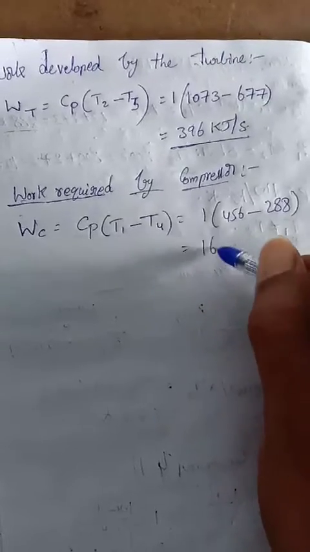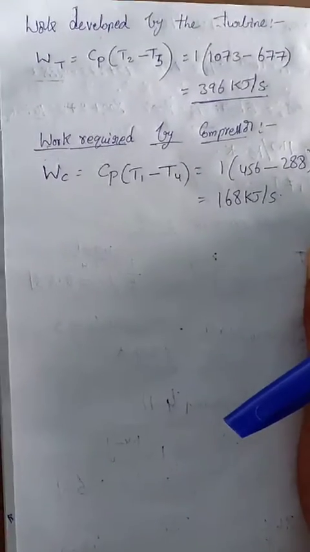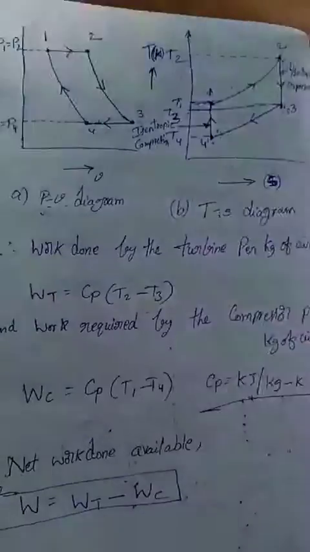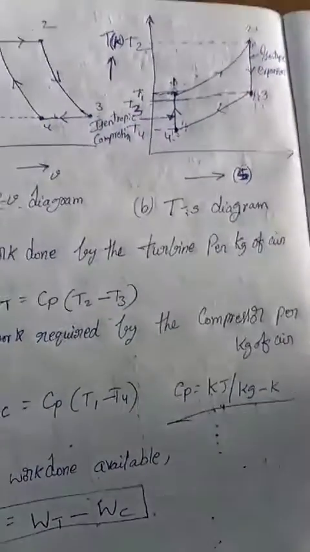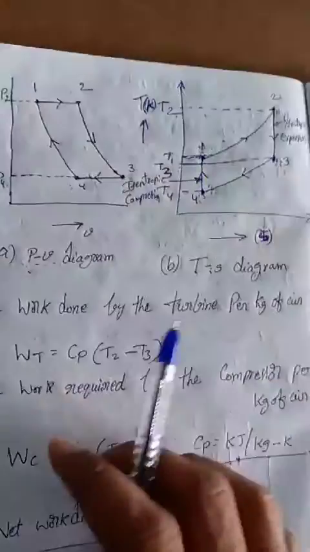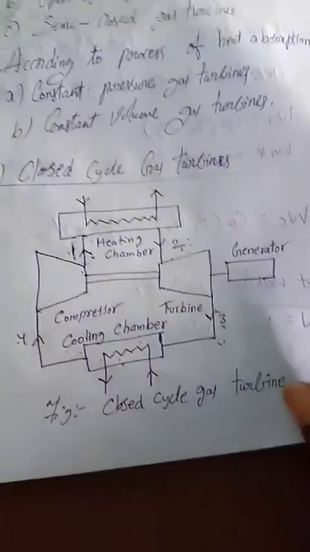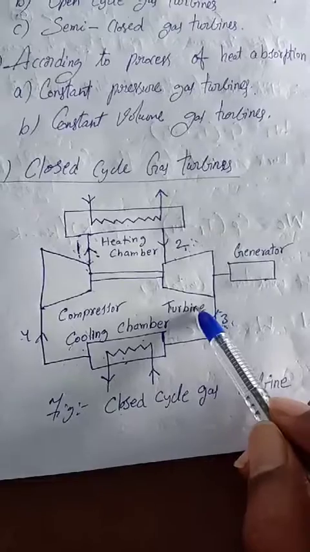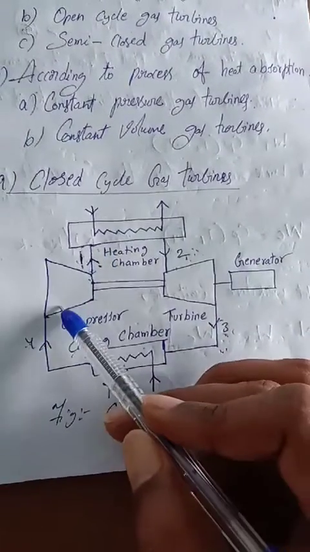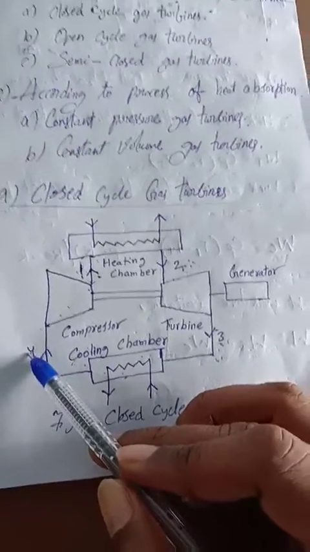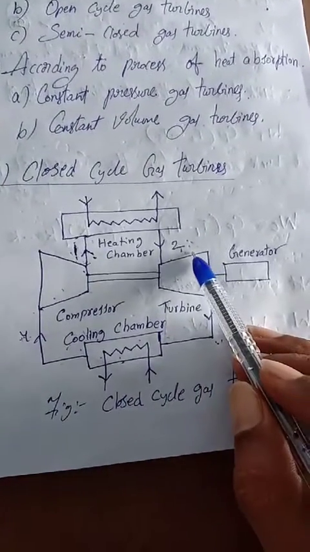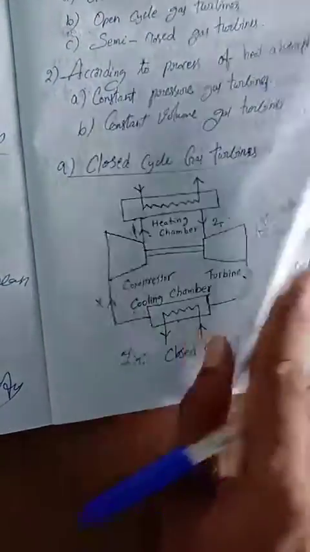So that is 168 kilojoules per second. Now you can take 1-2 and 2-3. 2-3 comes from the main picture: 2-3 is the turbine, 4-1 is the compressor. That's why we take the temperature differences T1 minus T4 and T2 minus T3. That's the work done in both.